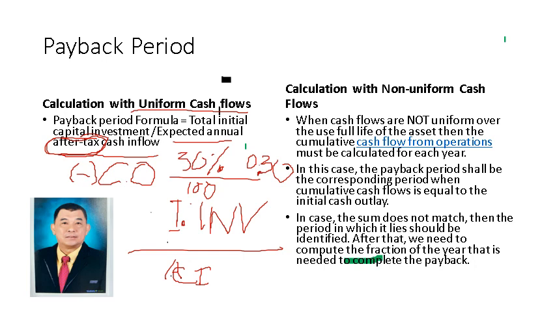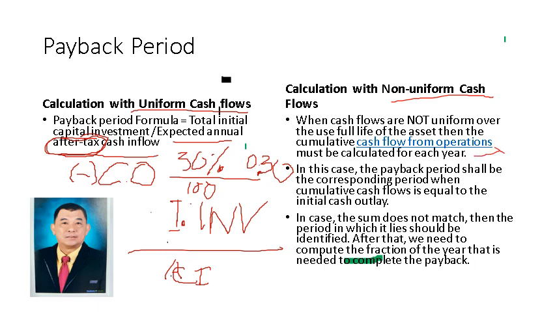Okay, all right. So here on the right side, when we are talking now of non-uniform cash flow, when cash flows are not uniform over the useful life of the asset, then the cumulative cash flow from operations must be calculated for each year.